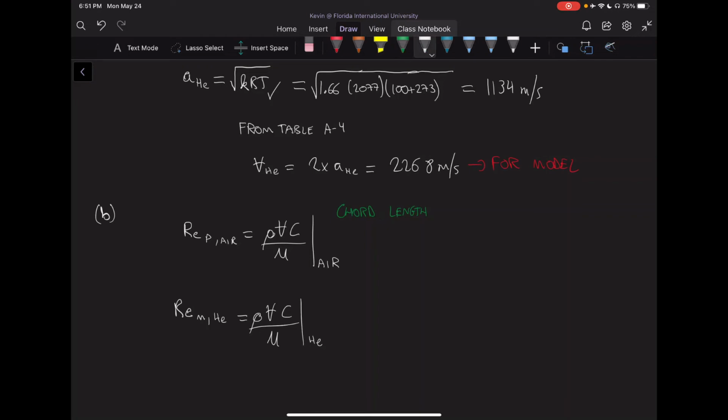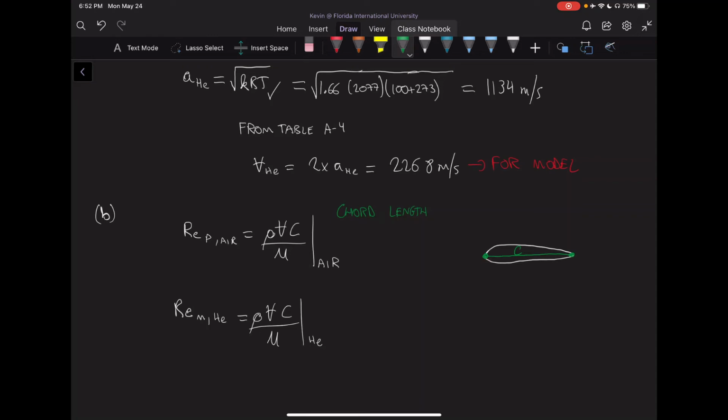Just like we were using the diameter of a sphere earlier in an example, in this case it's the chord length of a wing. If I draw the side of a wing, the chord length is the length from this point to this point through the middle of the wing. That would be our value for C, and it's going to be used to nondimensionalize both systems together.